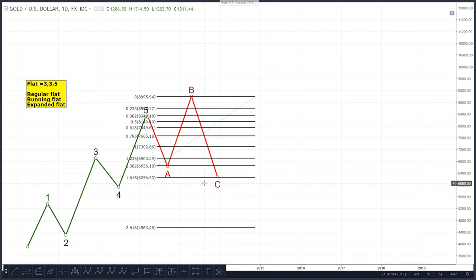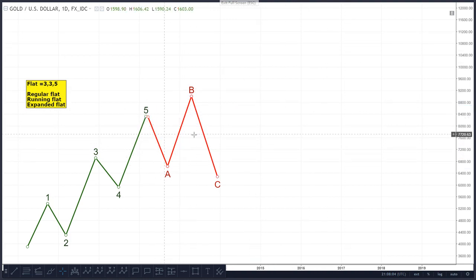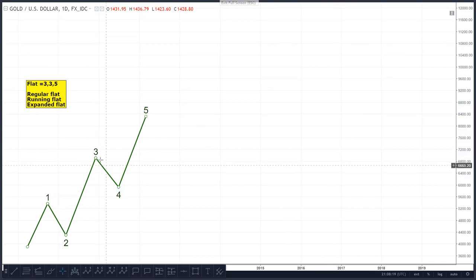So these are our three different flat patterns, and depending on where the flat is occurring, typically these flat patterns occur more in a wave 4. So in an impulse wave, that's our 1, 2, 3, 4, 5, we usually see these expanded flats, if we were to do a sub-wave count, usually in this wave.